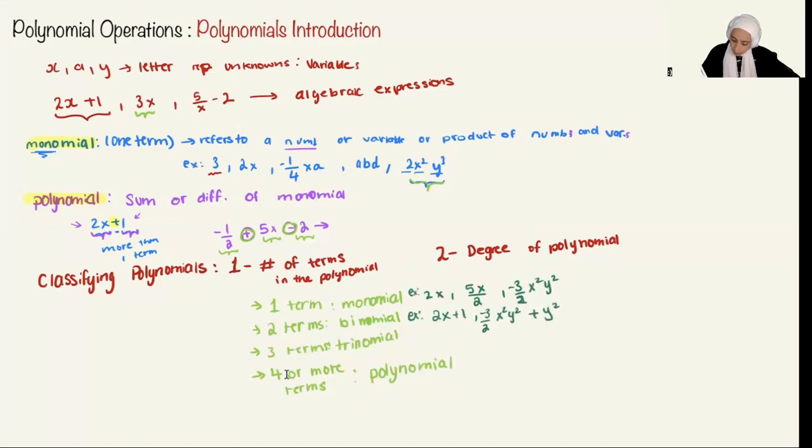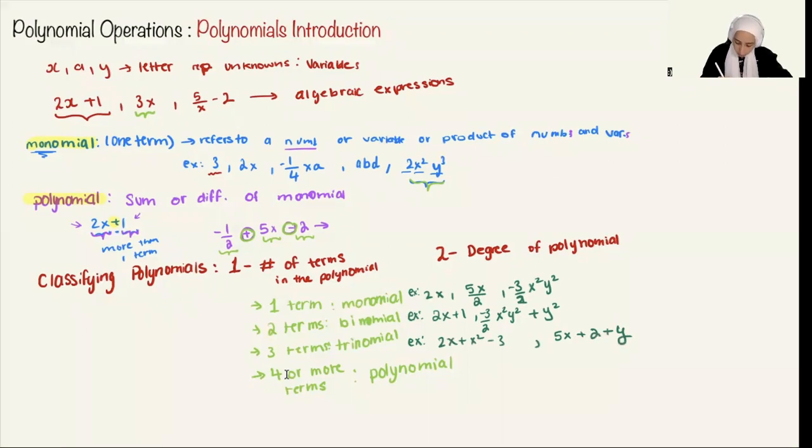Okay. And then an example of a trinomial would just be three terms. So we can go 2x plus x squared minus 3, for instance. That's an example. Another example could be 5x plus 2 plus y. Okay. All right. A polynomial is just going to be four or more, and we just call it a polynomial.